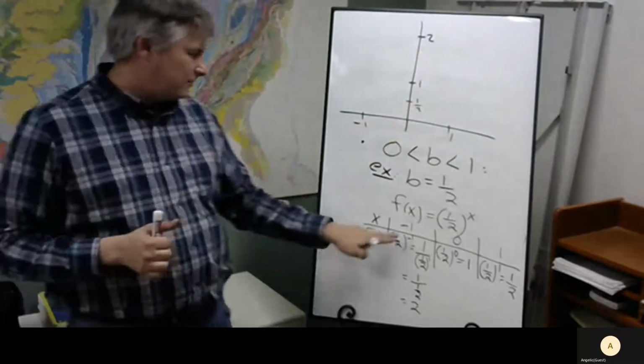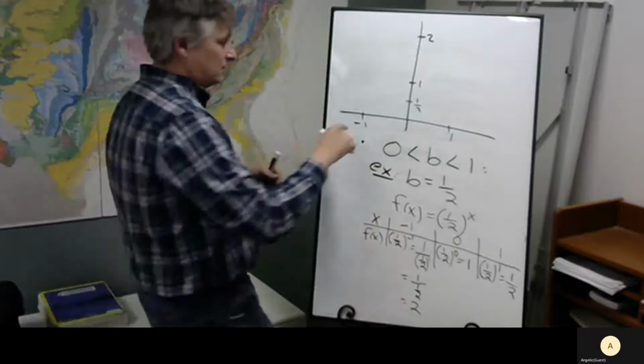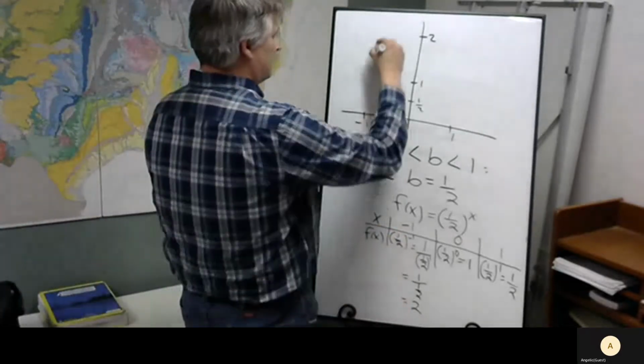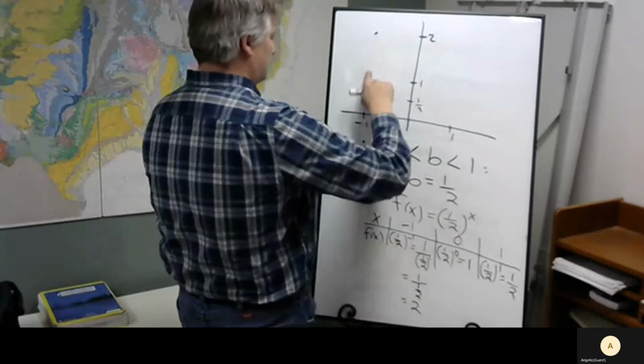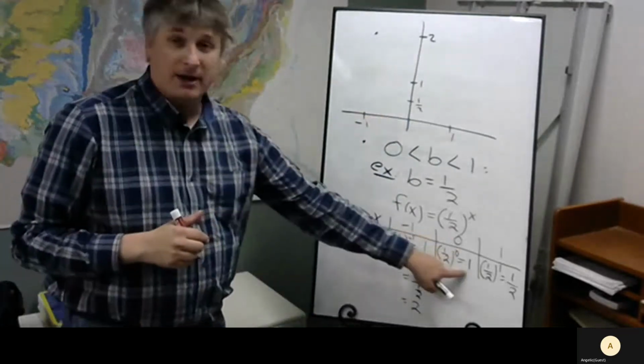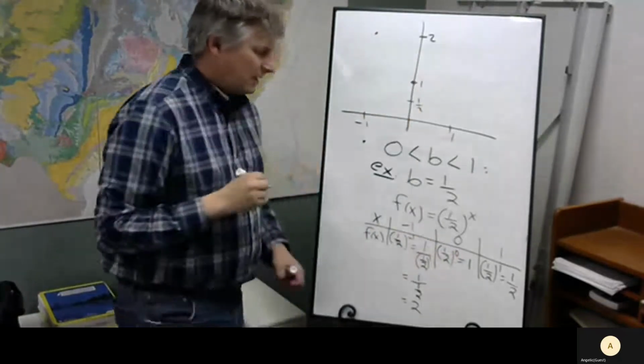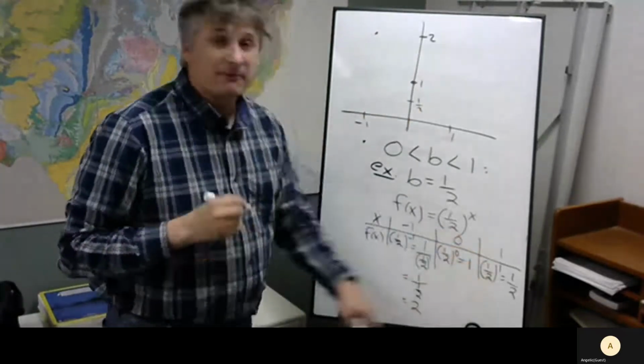Now in this case, we have -1 for x. f of x is 2. So -1, the 2. Now we have 0 for x. We have 1 for f of x. We have 1 for x. We have 1/2 for f of x.